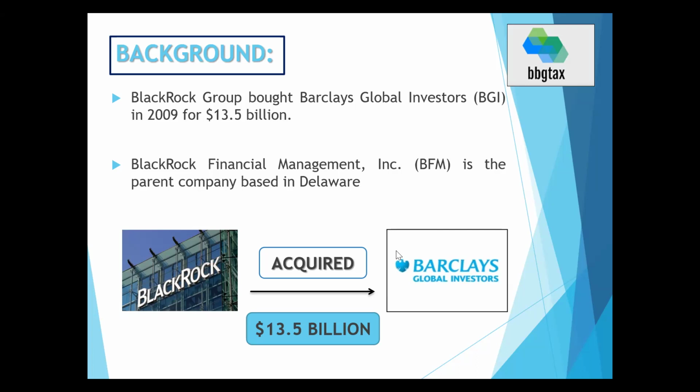The acquisition structure involved BlackRock Financial Management as the Delaware parent company and the formation of 3 entities which were incorporated in Delaware as limited liability companies as follows. One was BlackRock Holdco 4, which is referred to as LLC 4 in the subsequent slides. Then there was an LLC 5 as well as an LLC 6.